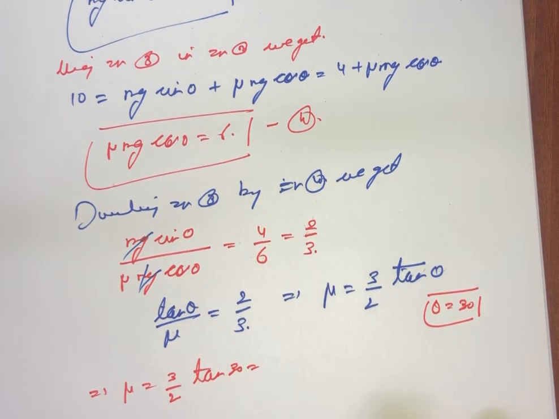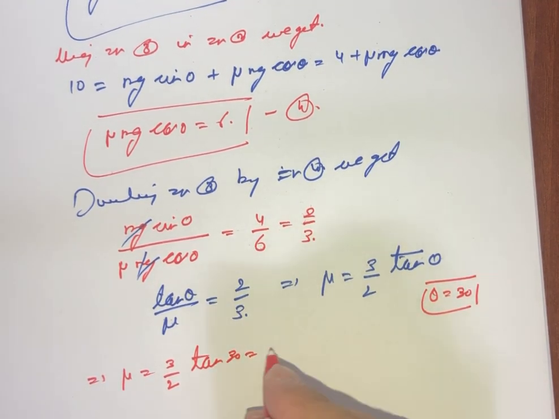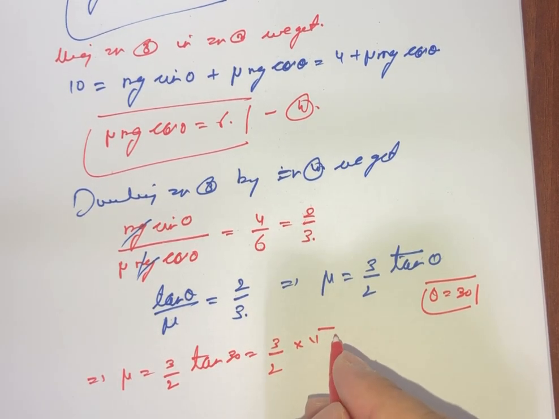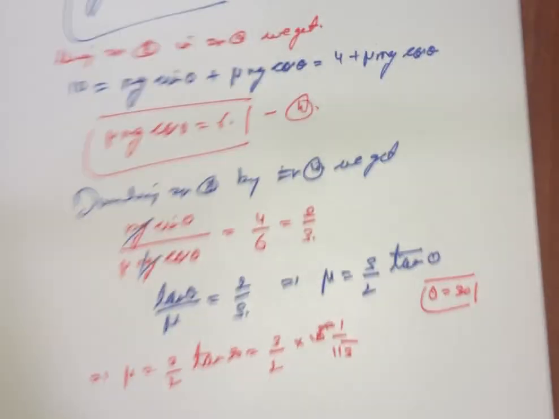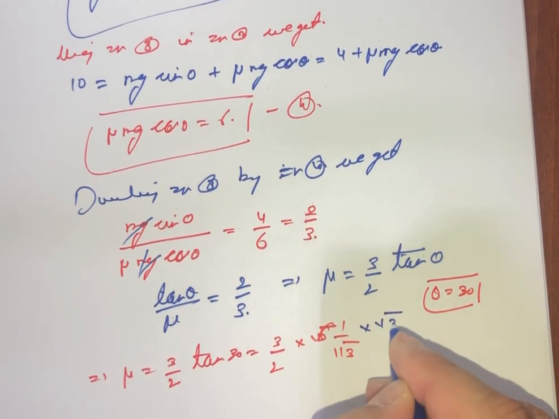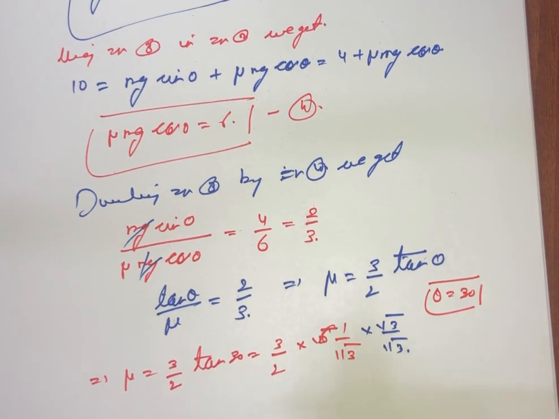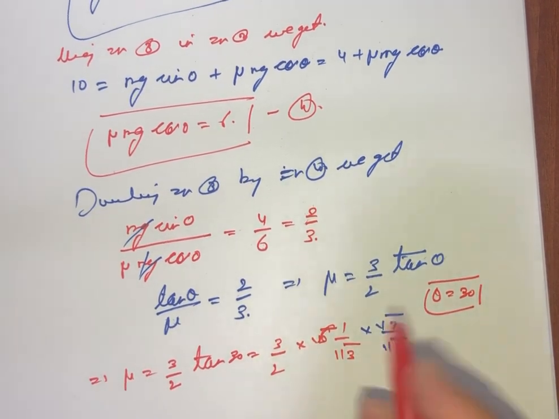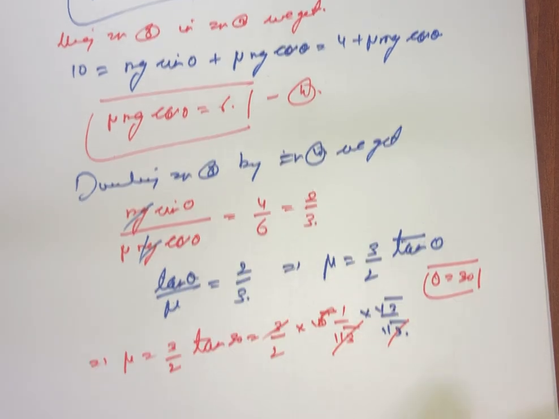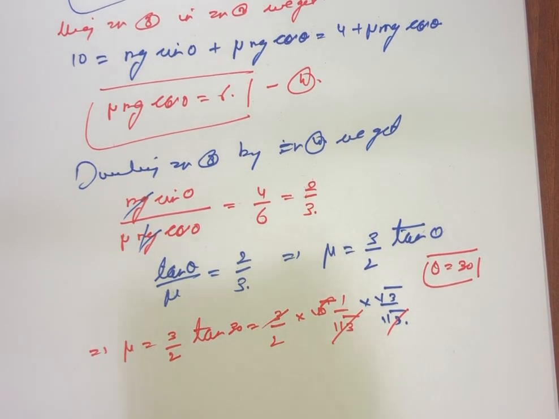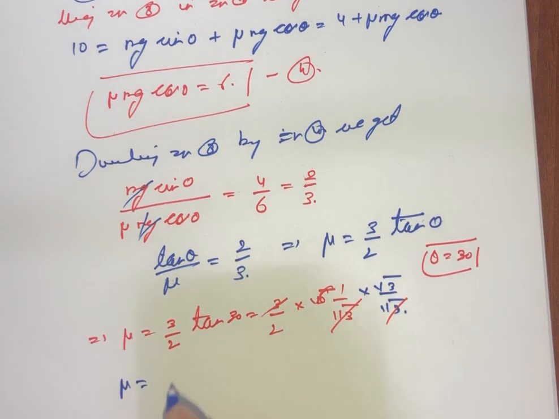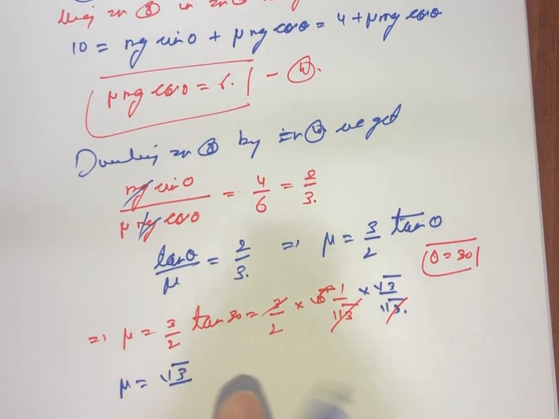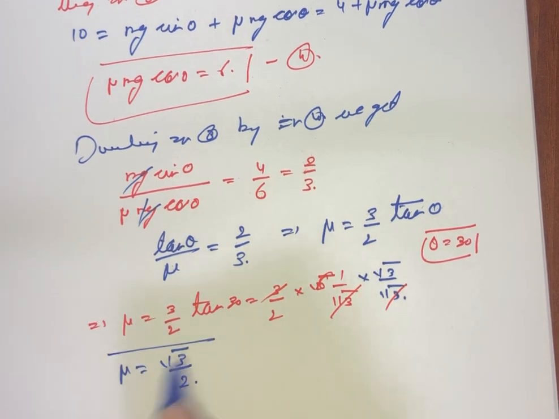Tan 30 is 1 by root 3. We rationalize it, root 3 divided by root 3. Okay. So these two terms cancel out, so we get mu is equal to root 3 by 2.